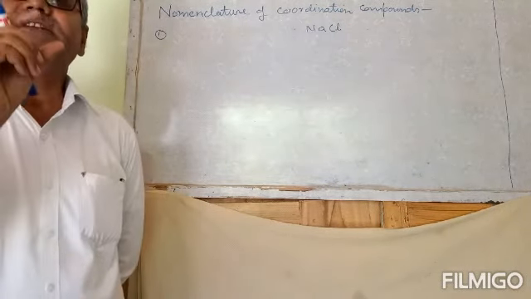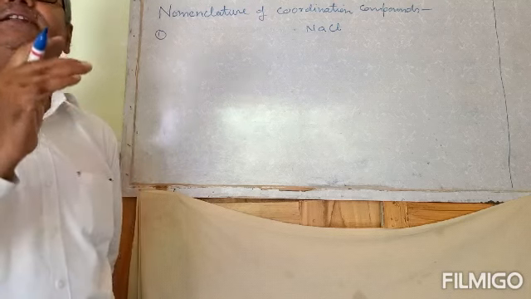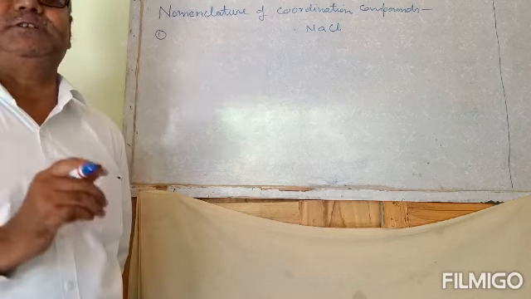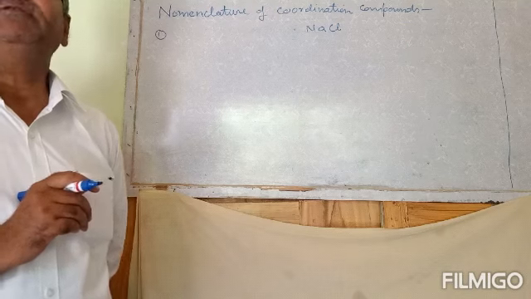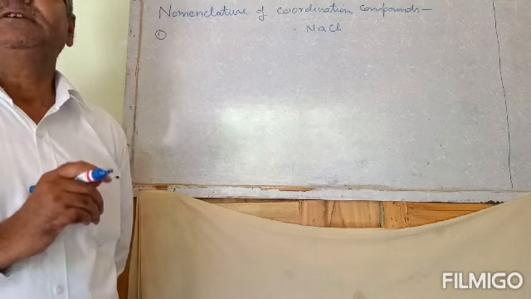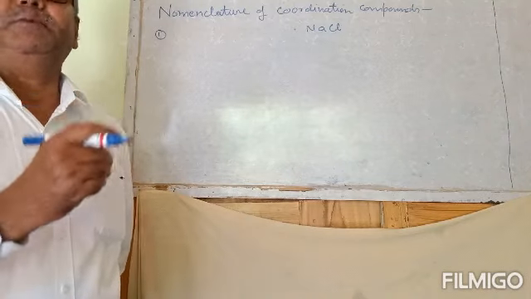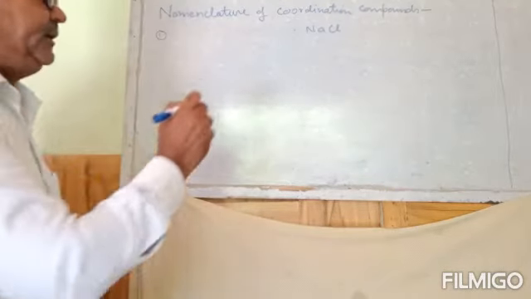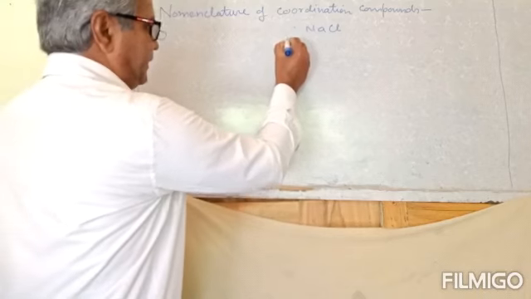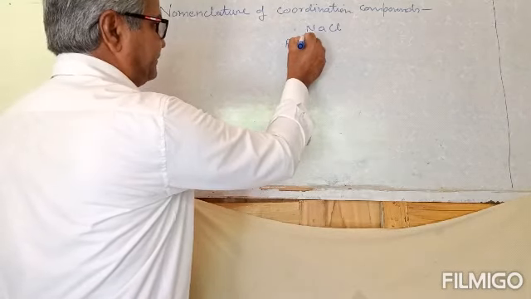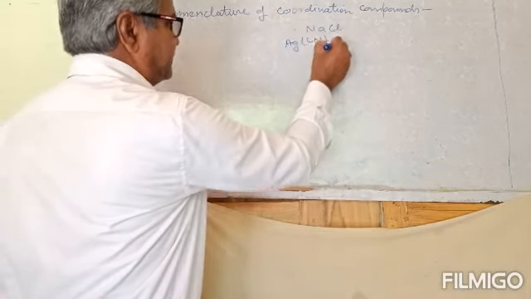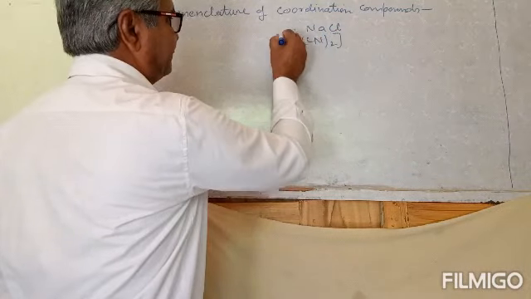Similarly, if a coordination compound has cationic and anionic both the parts, then we will first name the cationic part followed by anionic part. For example, [Ag(NH3)2]Cl.